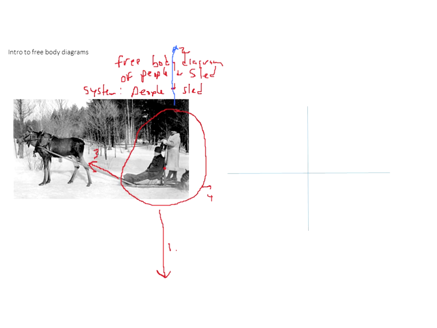So these are all external forces acting on the sled. So force 1 is the gravitational pull of the Earth on the system.